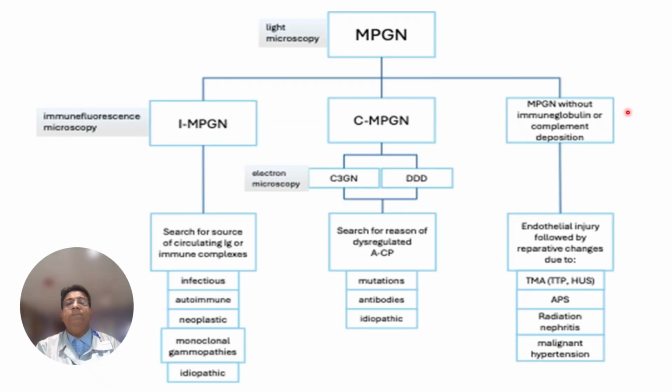Or you could have immunofluorescence without staining for either immunoglobulins or complement. In that scenario, you should be thinking about thrombotic microangiopathy or complement-mediated thrombotic microangiopathy. And we'll talk about the whole differential in subsequent slides.